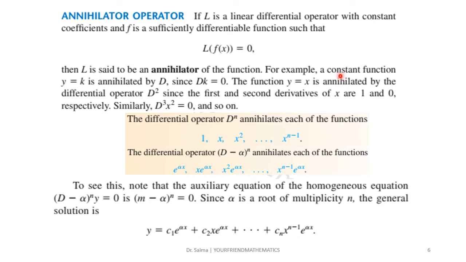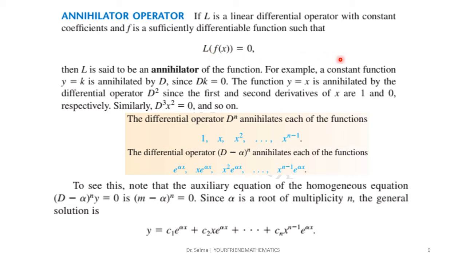The second operator is called the annihilator operator. If L is a linear differential operator with constant coefficients and f is a sufficiently differentiable function such that if we apply the differential operator on f we get 0, then L is said to be an annihilator of that function. It annihilates that function.